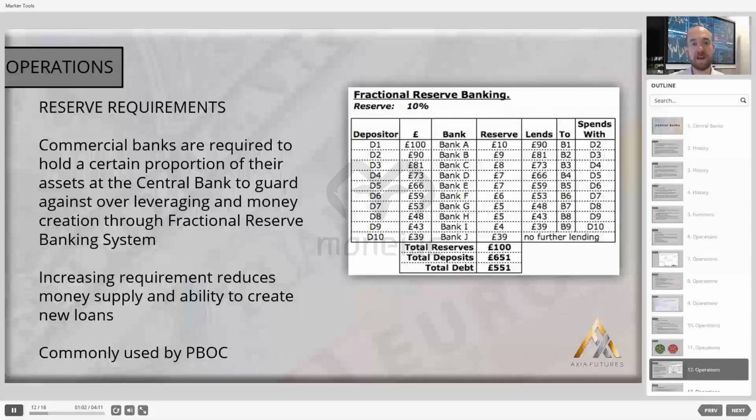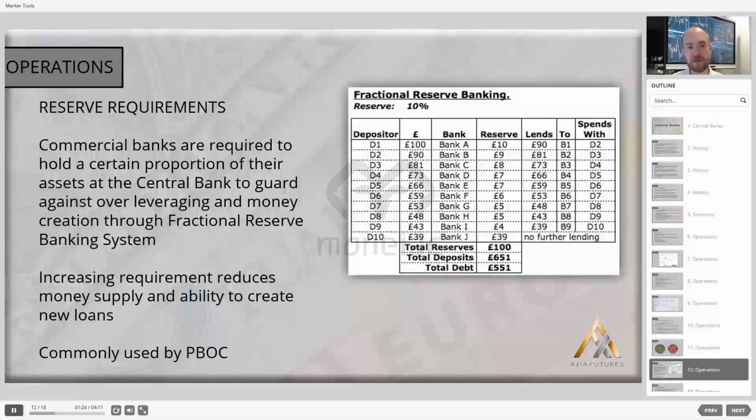That 90 then gets spent, put in another bank who does the same. Effectively, this £100 has now created more money in the economy, because the only element that's been taken out and held is the 10%, so that £10 initially. So from that 100, we've now had 90 added, plus another 81 as well.